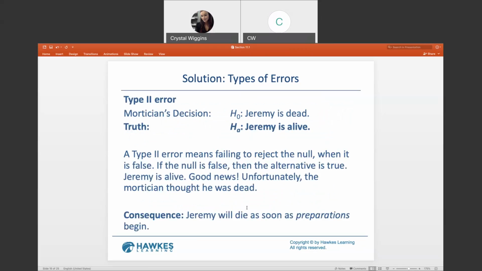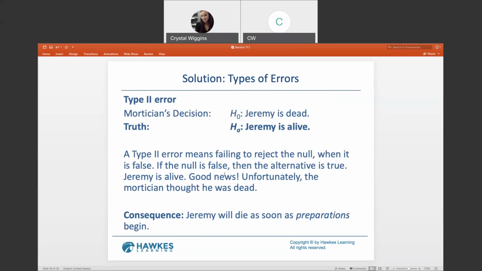Now, a type 2 error in this case is that we failed to reject the null hypothesis because we are considering the null to be true, which is that Jeremy's dead, and we find out later, oh my gosh, Jeremy's not dead, he's alive. So a type 2 error means failing to reject the null when it's false.